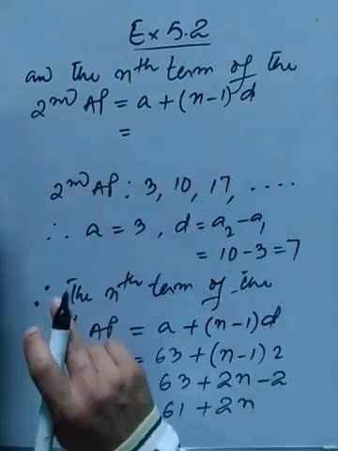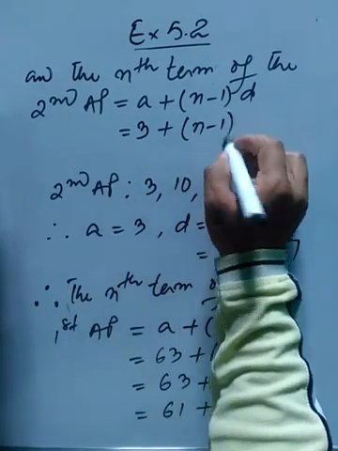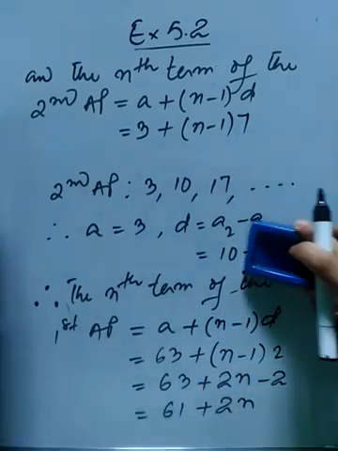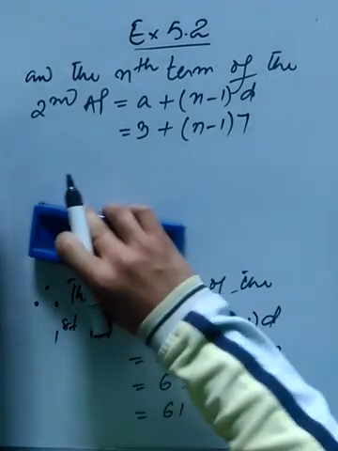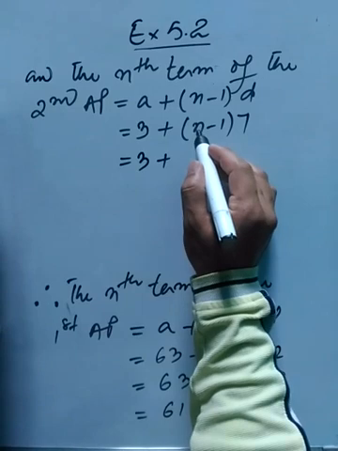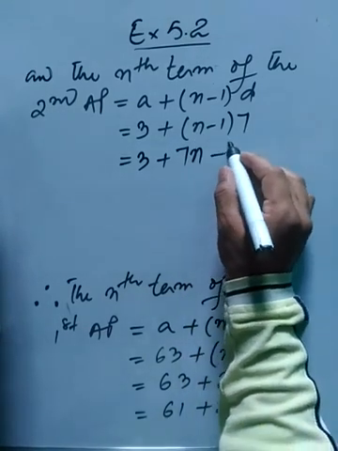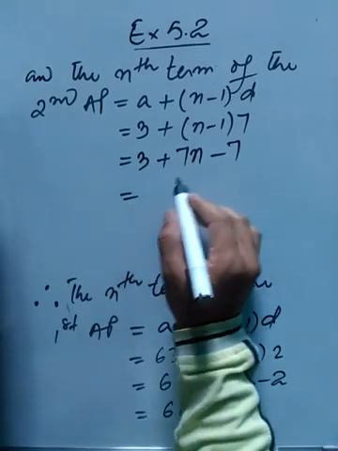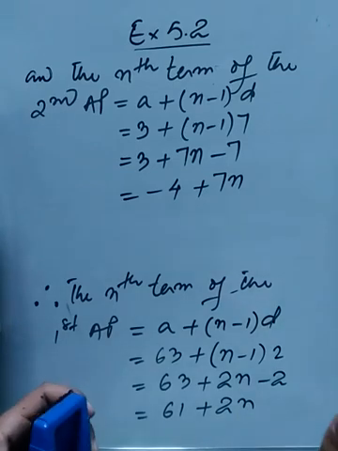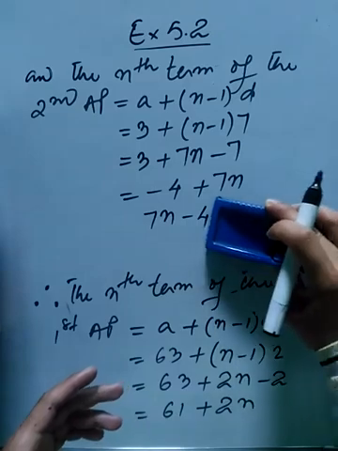For the second AP, what is the value of a? 3 plus n minus 1. What about d? d is 7. So 3 plus 7 into n, we get 7n. 7 into minus 1, minus 7. So 3 minus 7 gives minus 4 plus 7n. You can write 7n minus 4 also.